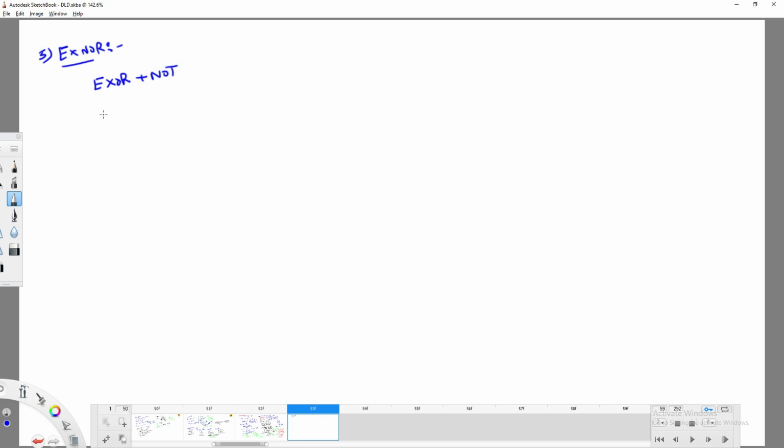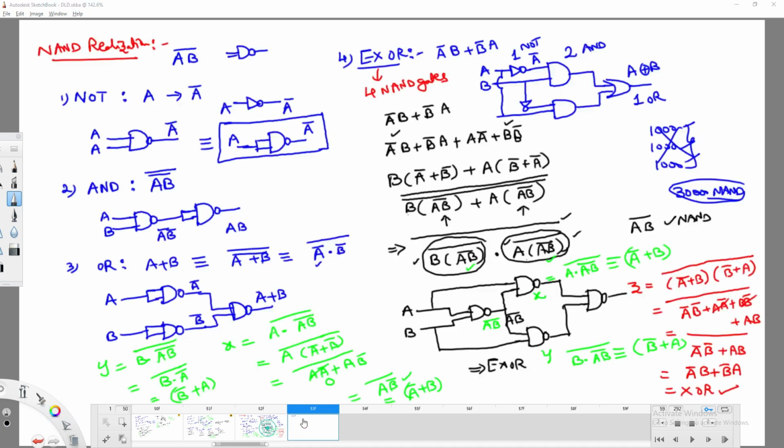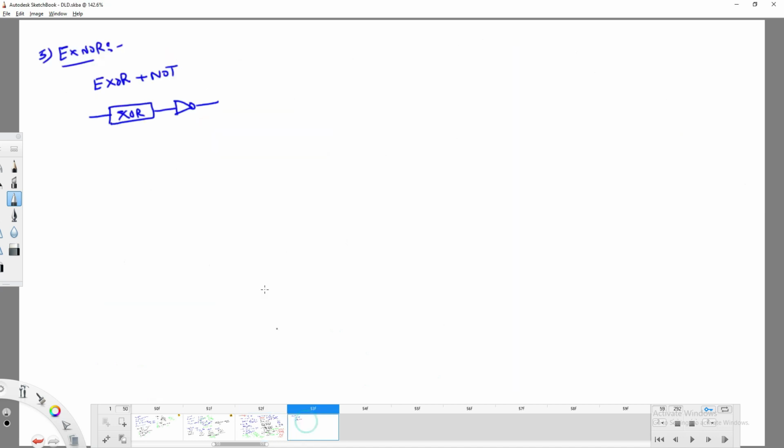Yes, right? So simply I can say XOR plus NOT gate. So you can simply draw this one. For this NAND gate, if you add one more NOT, what does it mean? Again NAND gate.